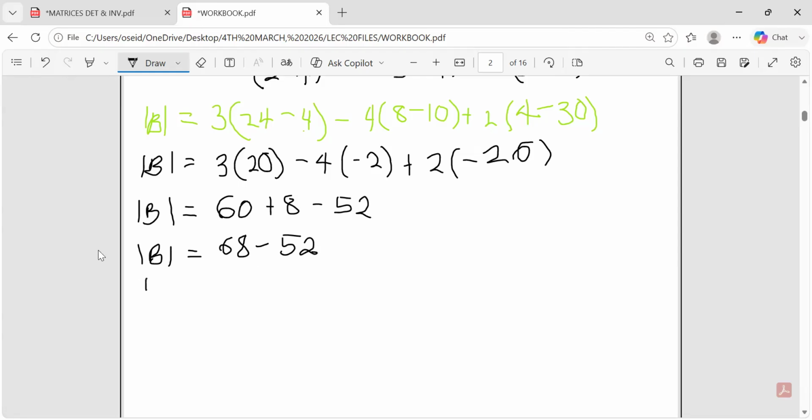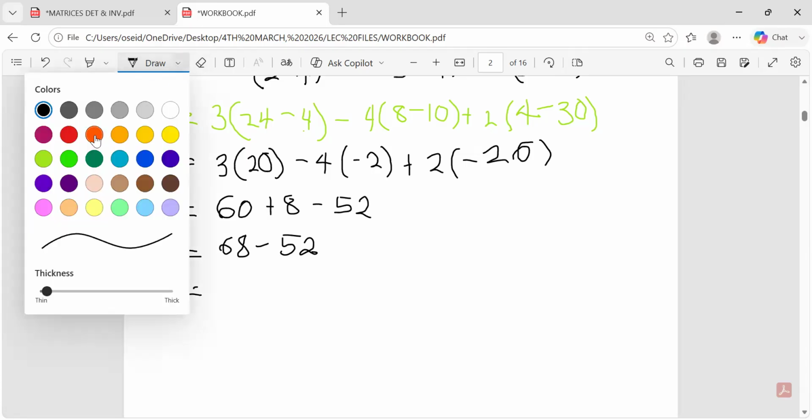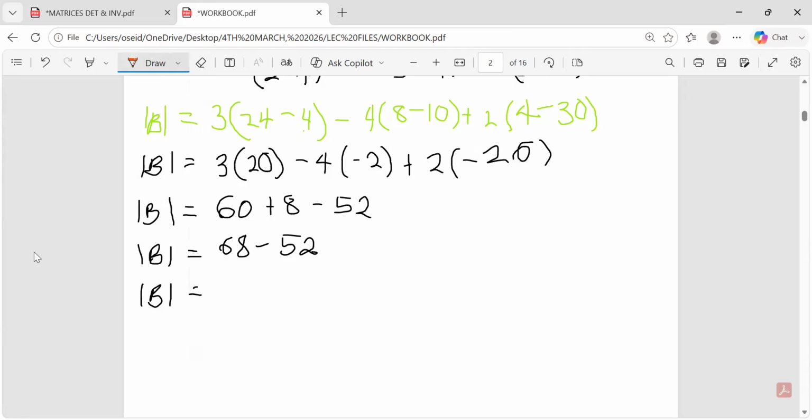The determinant B will be equal to 16. Alright.